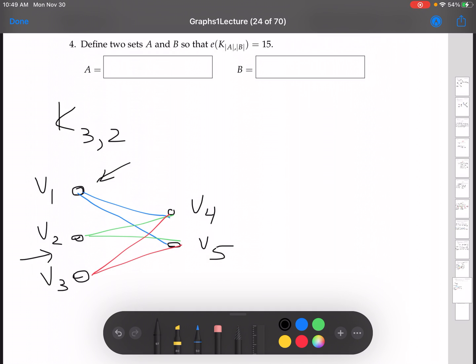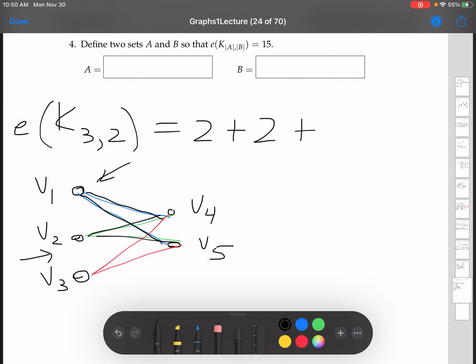So the number of connections, the number of edges in K_{3,2}, is you have, let's see, think of this as you have 2 there, 2 plus 2 plus 2.